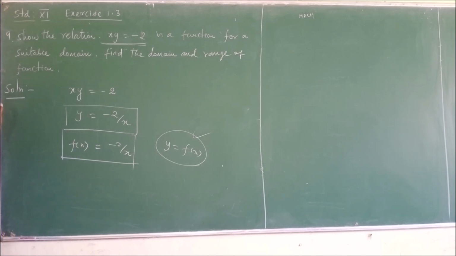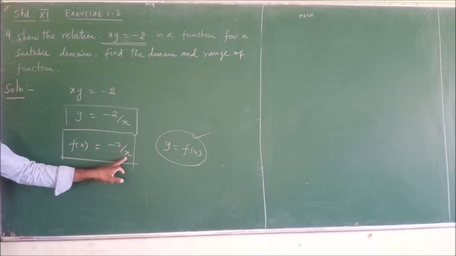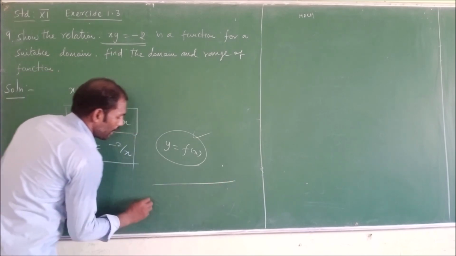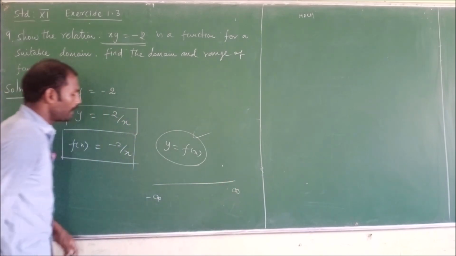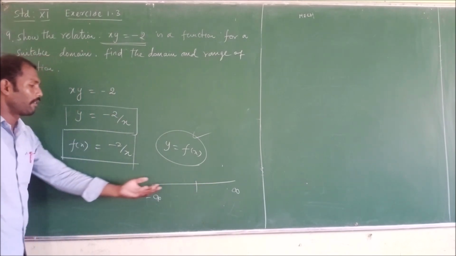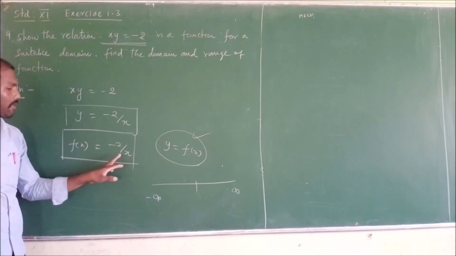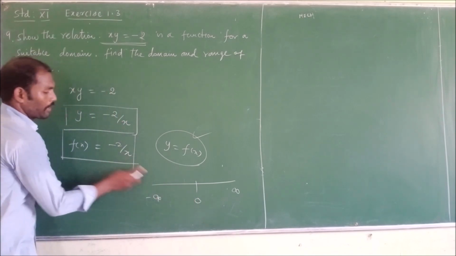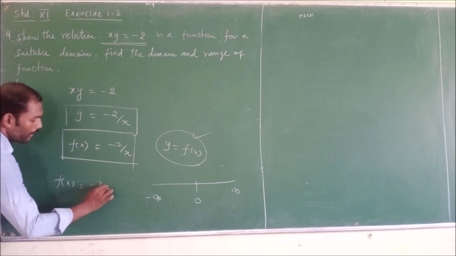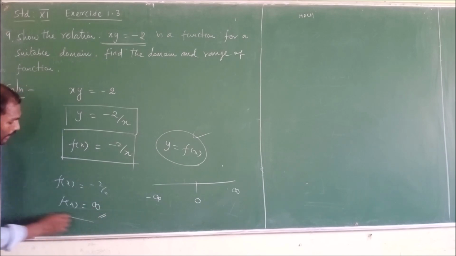The basic definition for domain is that for every function, x should exist and not be infinite. If x is a real number from minus infinity to plus infinity, take any value: minus 1, minus 2, minus 3, plus 1, plus 2, plus 3, then f of x exists. But if we take 0, f of x equals minus 2 by 0. Anything divided by 0 is not defined.